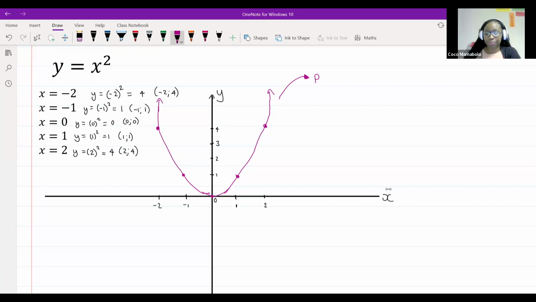Who knows? That's it, Melissa. Absolutely. It's called a parabola. Yes, correct. It's called a parabola. Okay, that's the one. So we know that it's called a parabola.